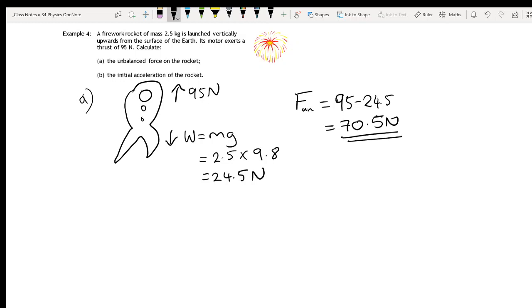Okay, so they haven't told you the force backwards in this one. They haven't told you the opposing force, so you've got to work that out. So you've got to remember the downward force on something that's going up is its weight. And part B is just using F equals ma again.